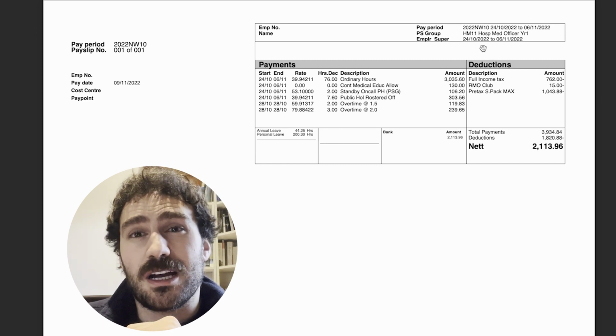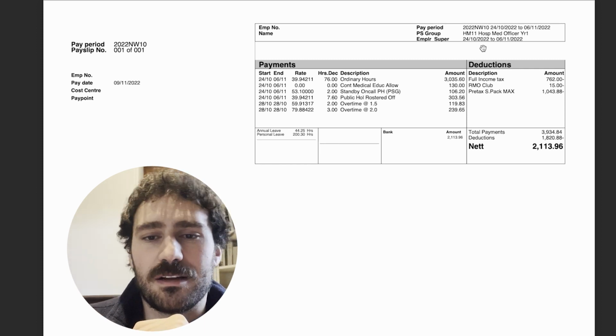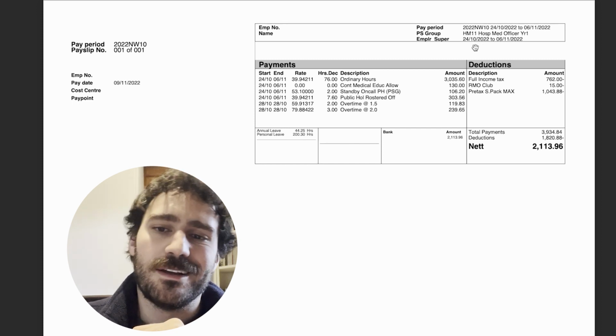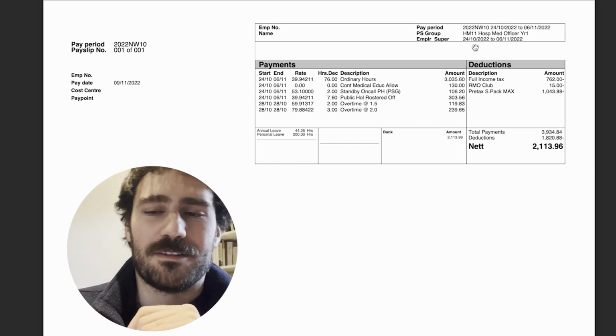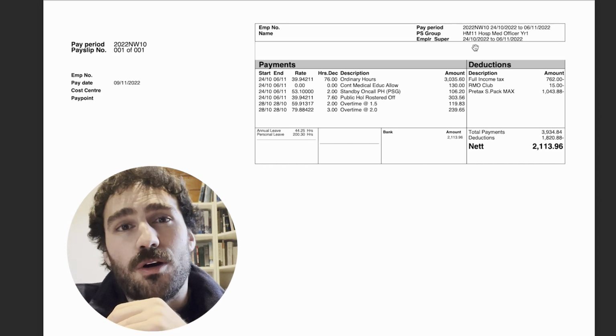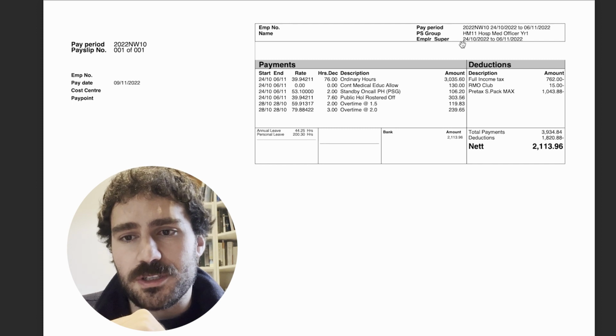So it starts on the Monday and then finishes on the following Sunday. Each hospital can be a little bit different, so you just need to check when the start and stop dates of your pay periods are. That was the first thing to draw your attention to: the two dates up here are when I started and when I stopped, and that's the hours in which I get paid for this.